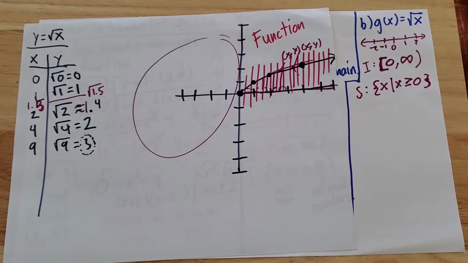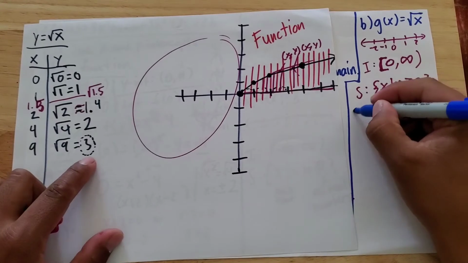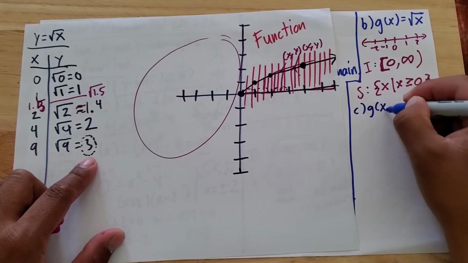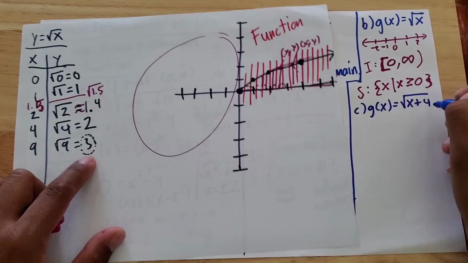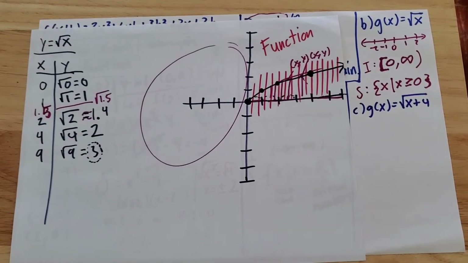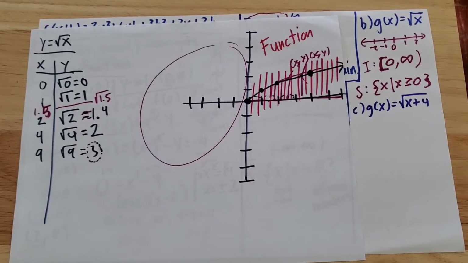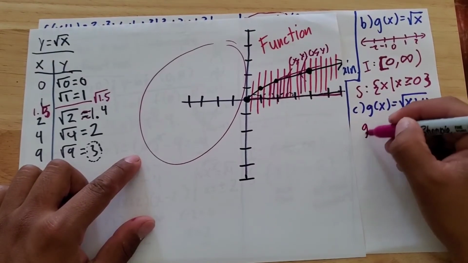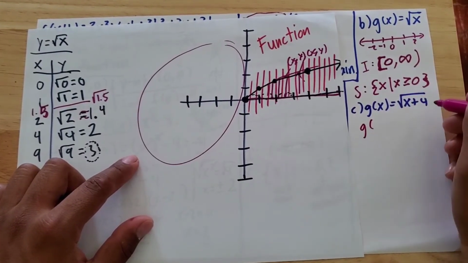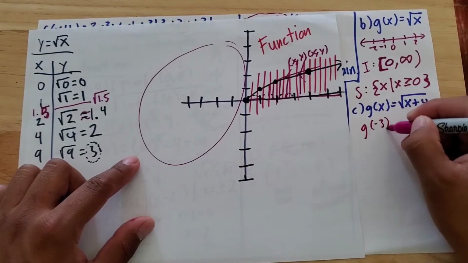But even with this example, you want to be careful, because sometimes you end up having an example like this. g of x is equal to the square root of x plus 4. And then if all you're thinking is, oh yeah, x can't be negative. But if I did, let's say, g of negative 3.